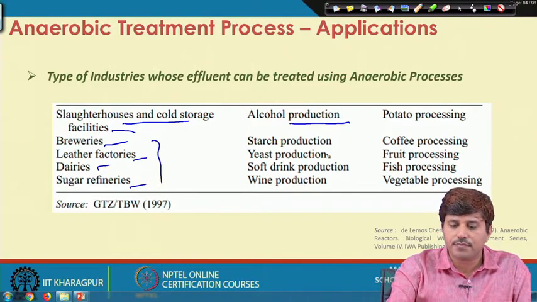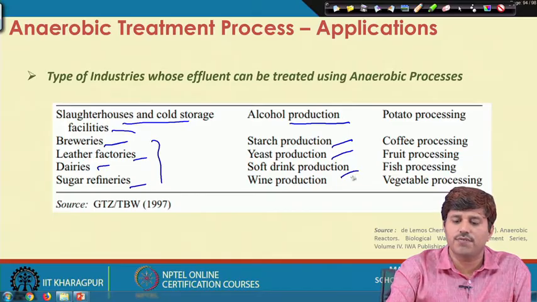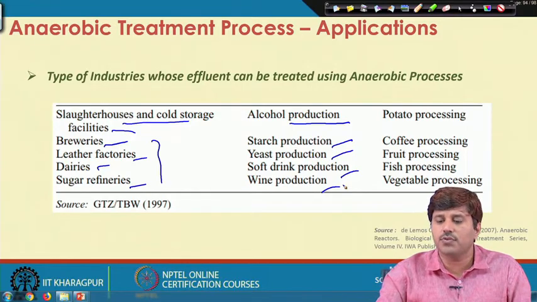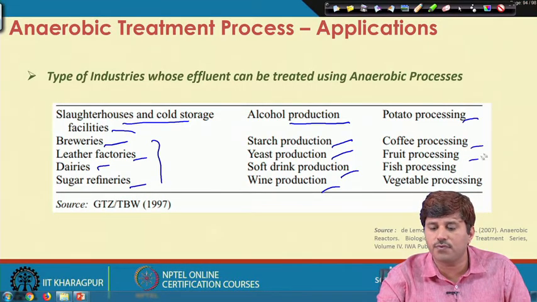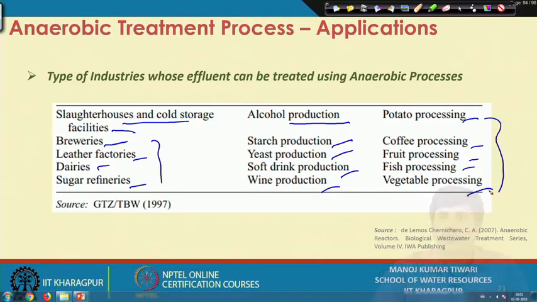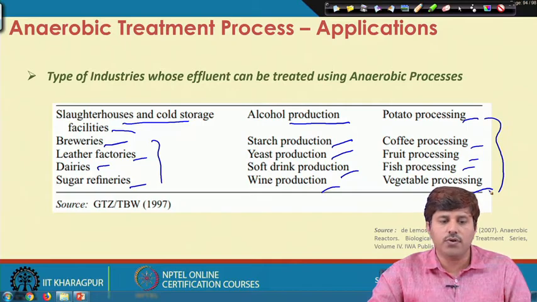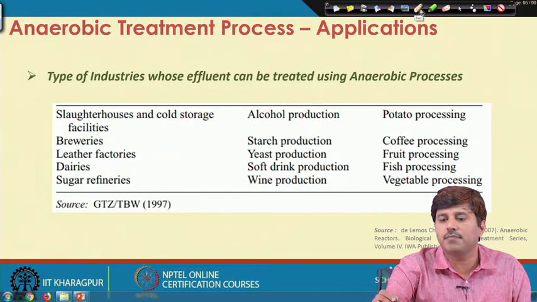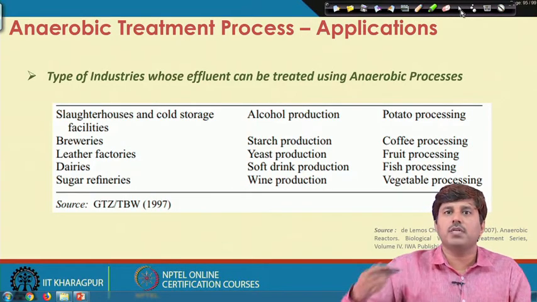Then starch production, yeast production, soft drink production, wine production. These are all industries which lead to effluent with high COD value: potato processing, coffee processing, fruit processing, fish processing, vegetable processing. So, these are the variety of industries where we can go for anaerobic processes as maybe a first step, or many times multi-stage anaerobic treatment is also provided.